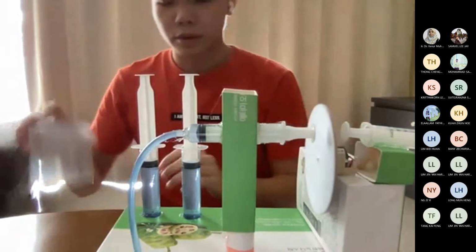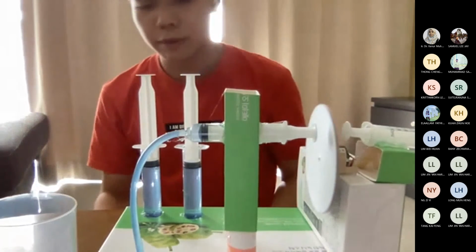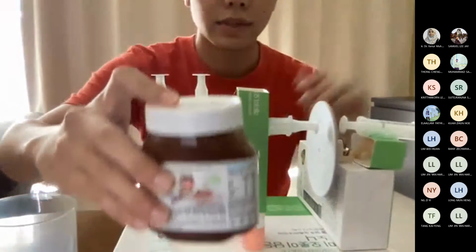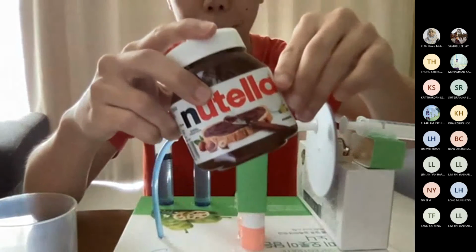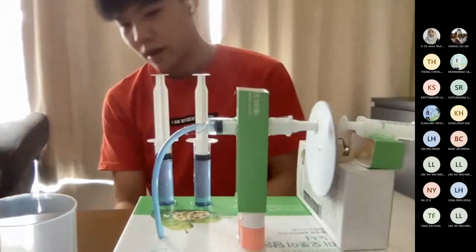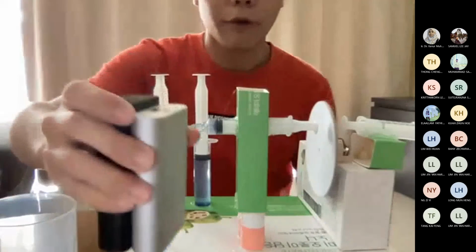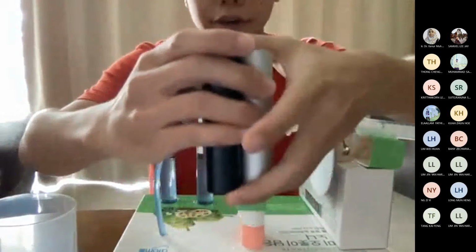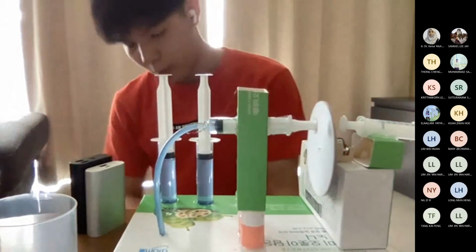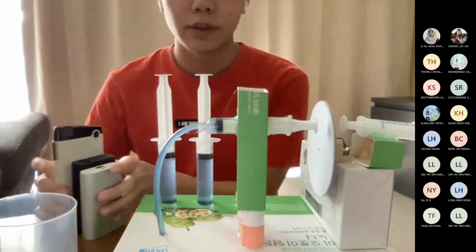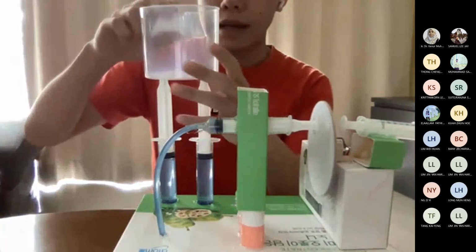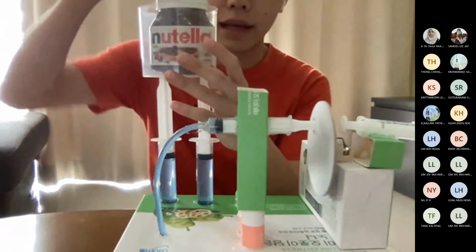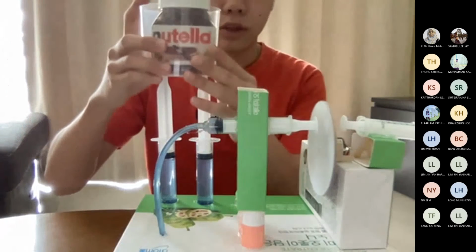Today I have three types of load. This is Nutella, and its weight is about 200 grams. These are two power banks, which weigh 400 grams, and when adding one more power bank, it is 600 grams. So let me apply the 200 gram Nutella onto the syringe first.